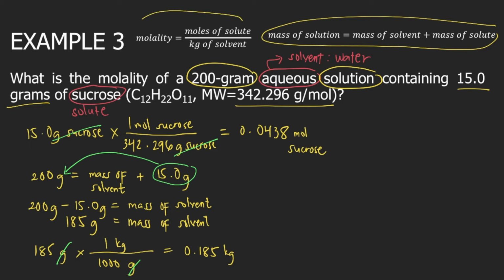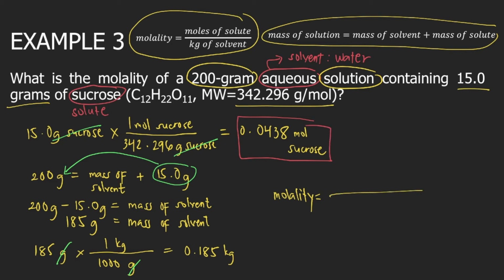Now we use this formula to solve for molality. So molality is equal to the moles of solute. So that's 0.0438 moles divided by the kilogram of solvent. So that's 0.185 kilograms.